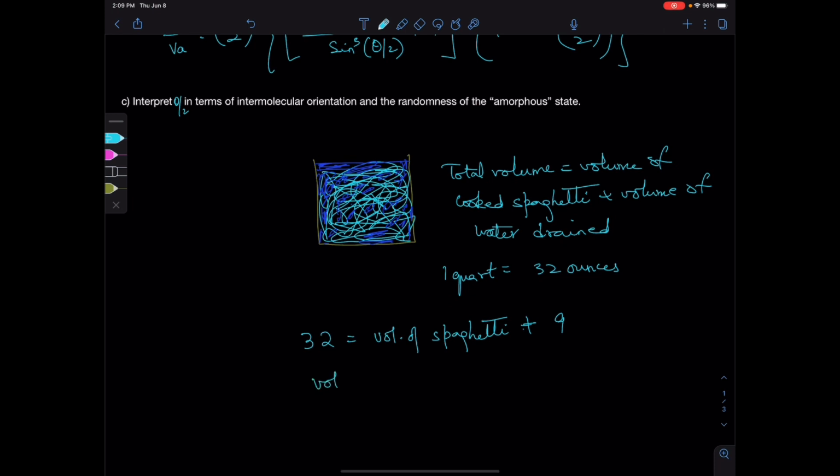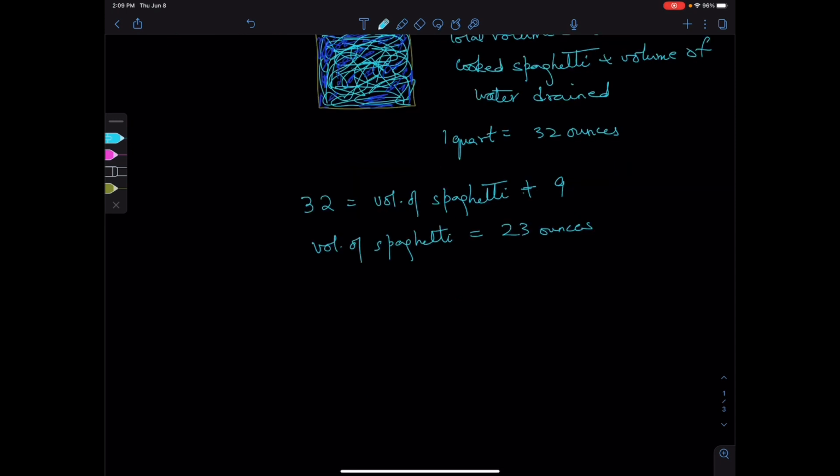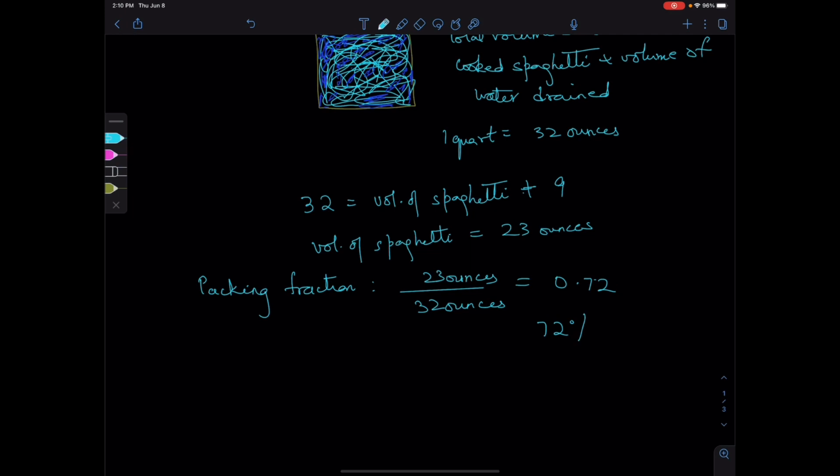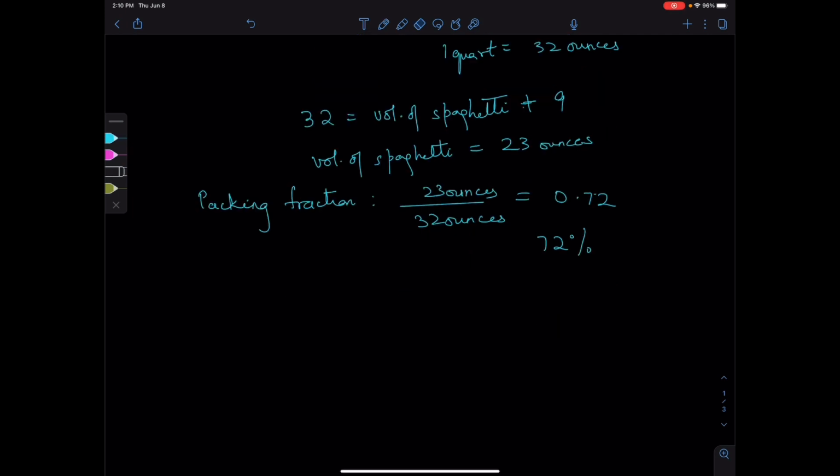So volume of spaghetti is 23 ounces. Packing fraction for this cooked spaghetti is volume of spaghetti, which is 23 ounces over 32 ounces, which is 0.72 or 72%.